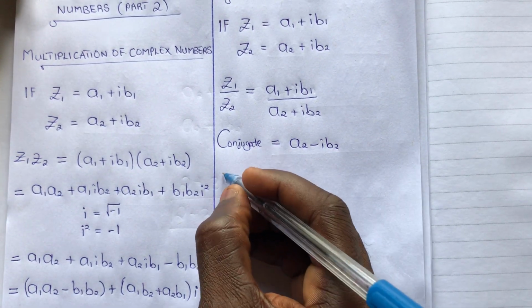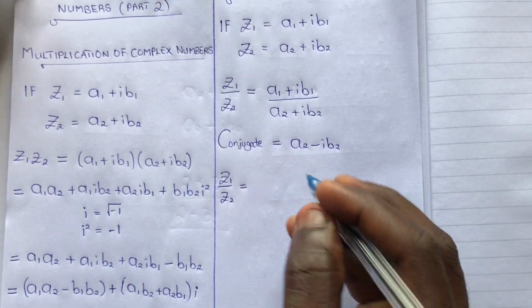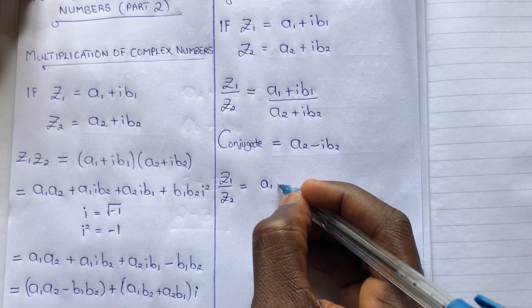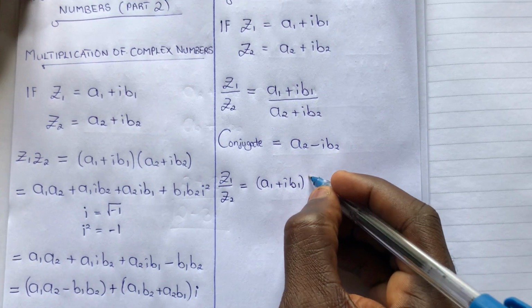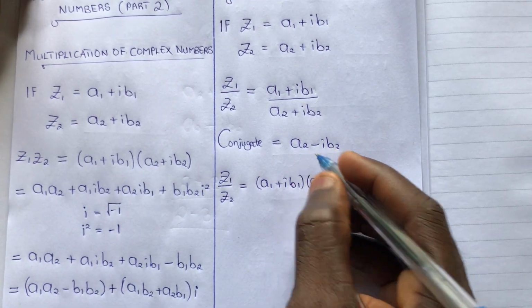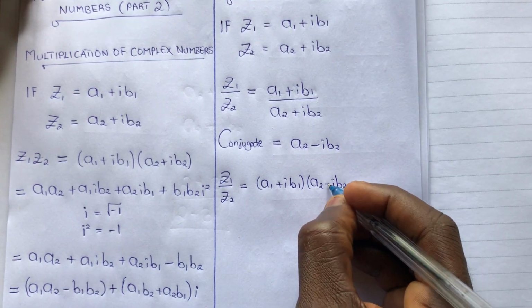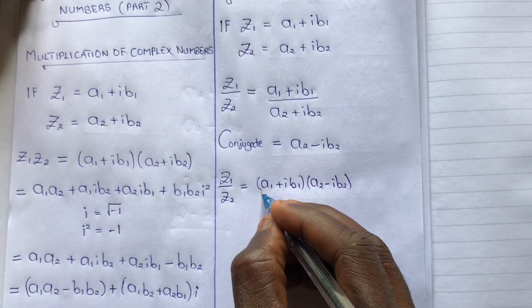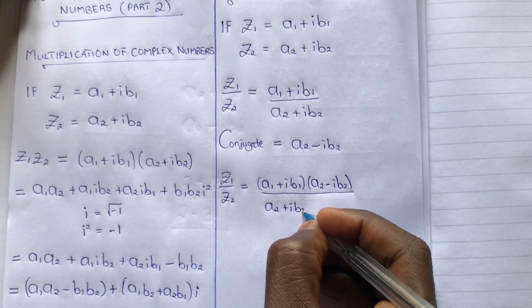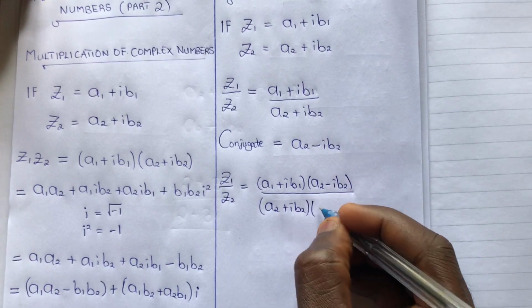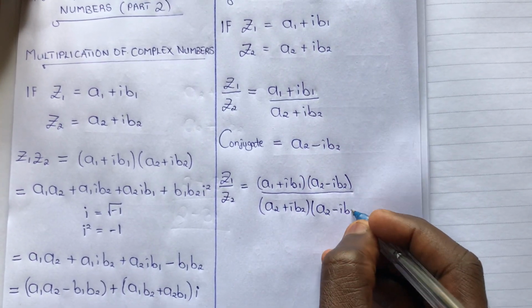So z1 over z2 is going to give us a1 plus ib1 multiplying the conjugate of the denominator, a2 minus ib2, and you divide the result by a2 plus ib2 multiplying the same conjugate, which is a2 minus ib2.